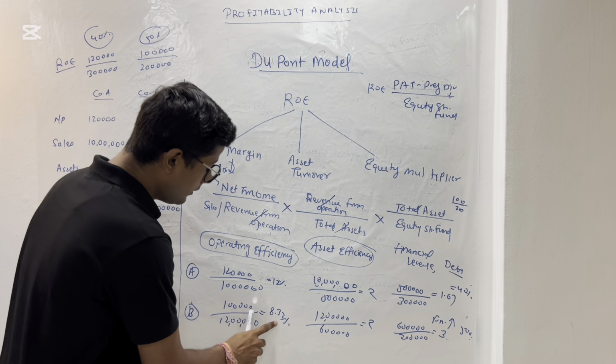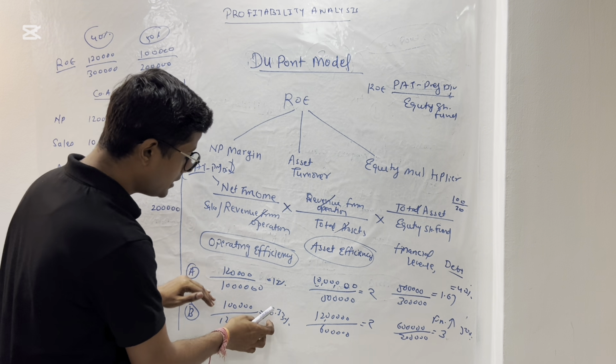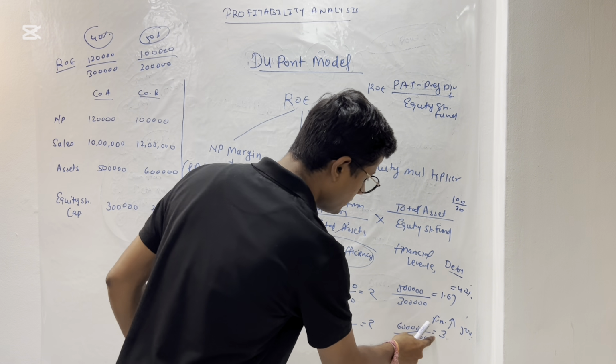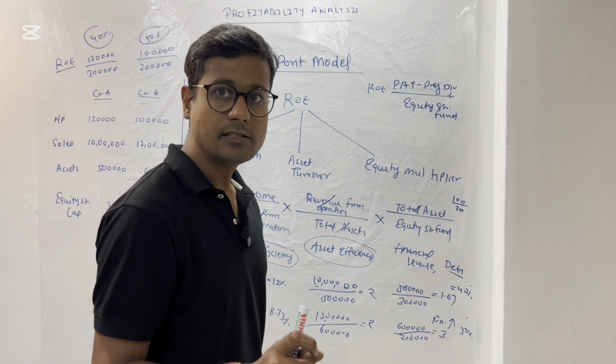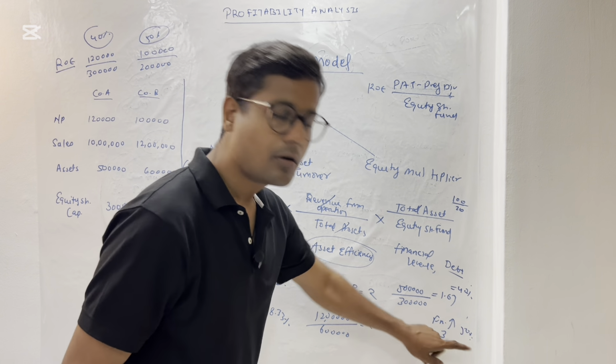Whereas company B's operating efficiency, or net profit margin, is less, but since they are more financed by debt and less by equity, their overall ROE is more, right?